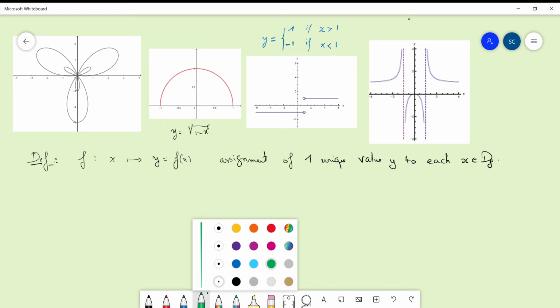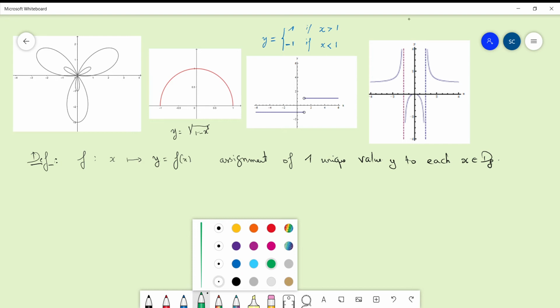I check that for any x I assign only one y. Those dots are not part of the graph, just to describe the limit behavior of our function. So here it seems also, yes, for each x I have a unique assignment. So this one also is a function.